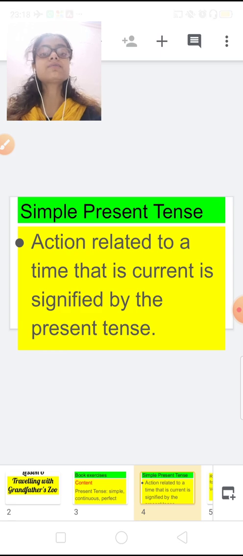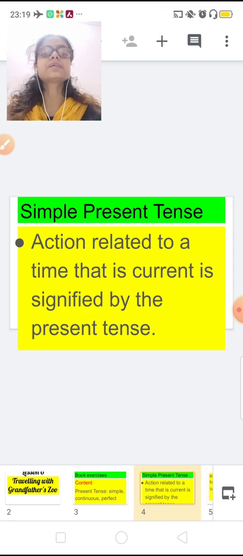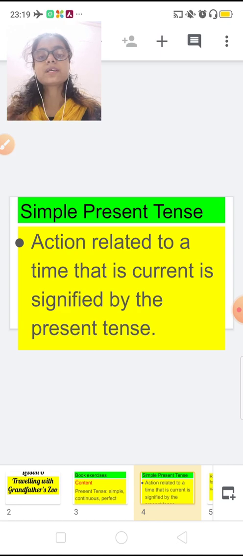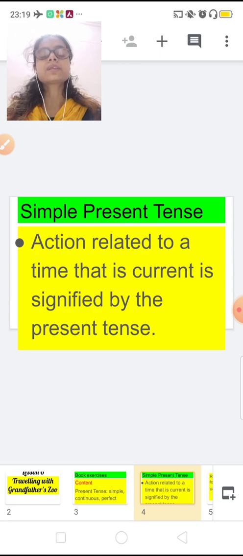So the things which happen today, in current time, are present. So we can say something happening in current time is known as present. An action related to current time is signified as the present tense.